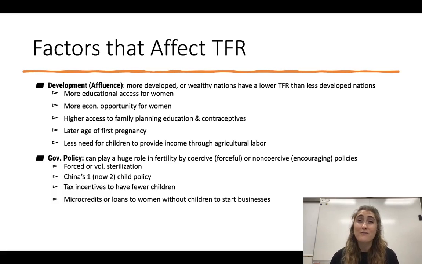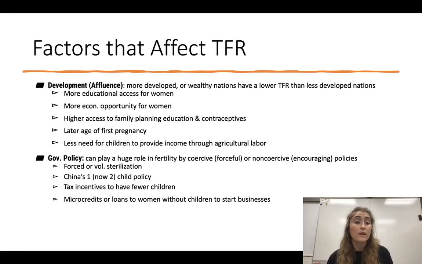Tax incentives to have fewer children. These are all ways that we would kind of consider to decrease population sizes, providing some sort of financial incentive for women to either go into the workforce or go get an education to try to incentivize them to have less children.